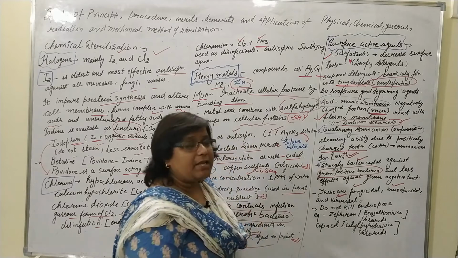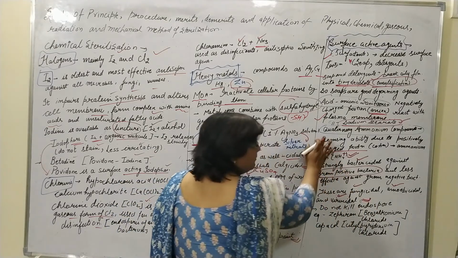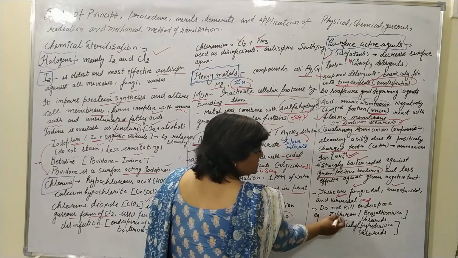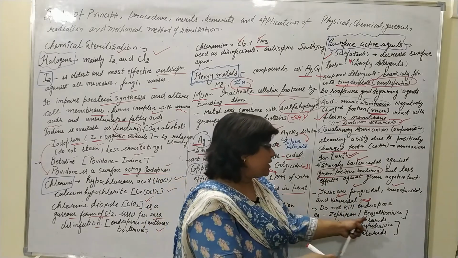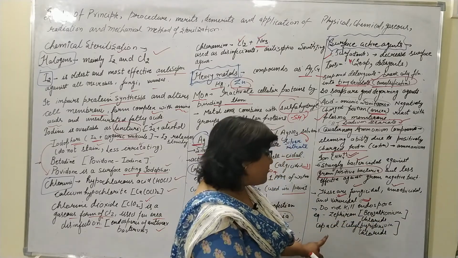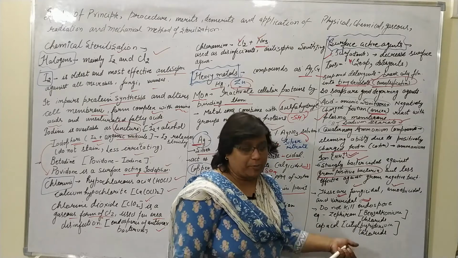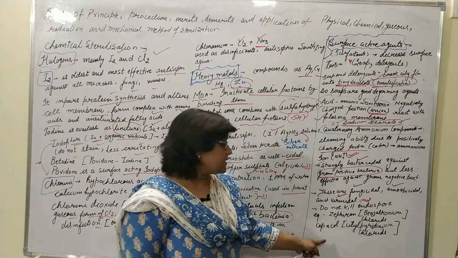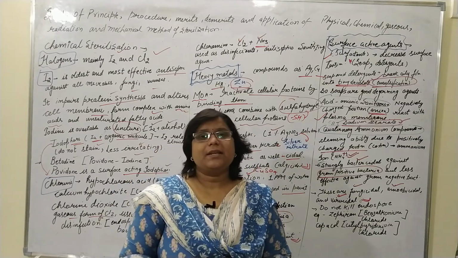But the main drawback is that they do not kill the endospore. An example of a quaternary ammonium compound is Zephiran, whose chemical component is benzalkonium chloride. The next example is Cepacol, whose compound name is cetylpyridinium chloride. Here we have completed chemical sterilization.